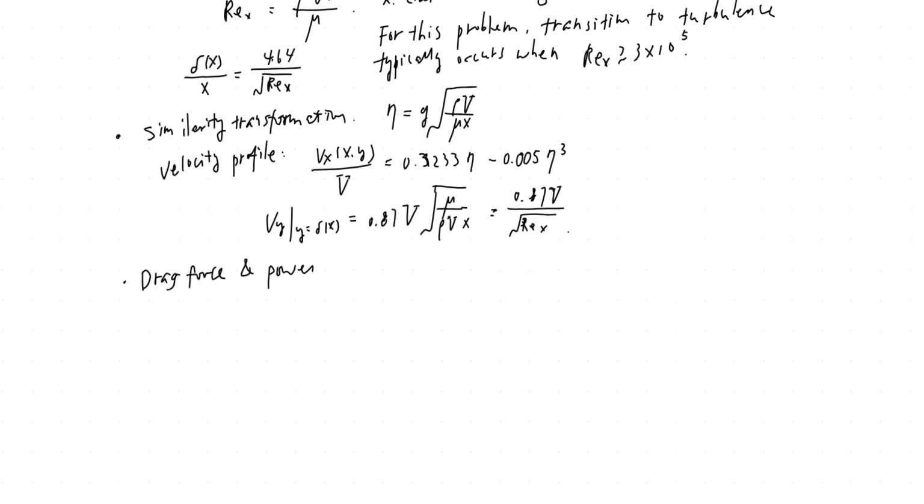So the idea is if you have a plate which is stationary and you have incoming flow, because of the viscosity, if you don't do anything to the plate, it would move with the flow.